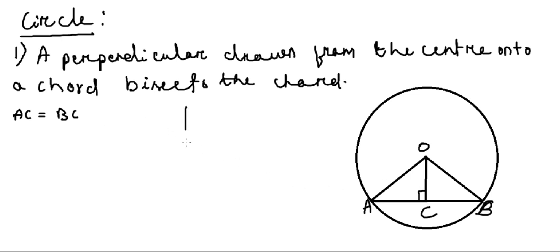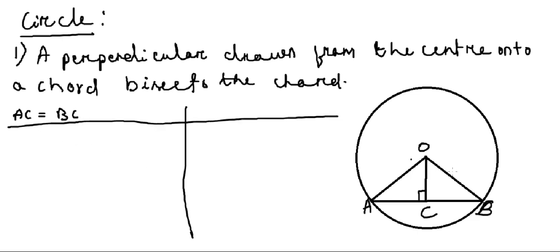Now there are two ways to do it. Think a bit. What you have over here is two right angle triangles. Whenever you have right angle triangles and you are thinking about the sides, the only theorem that should come to your mind is the Pythagoras theorem.